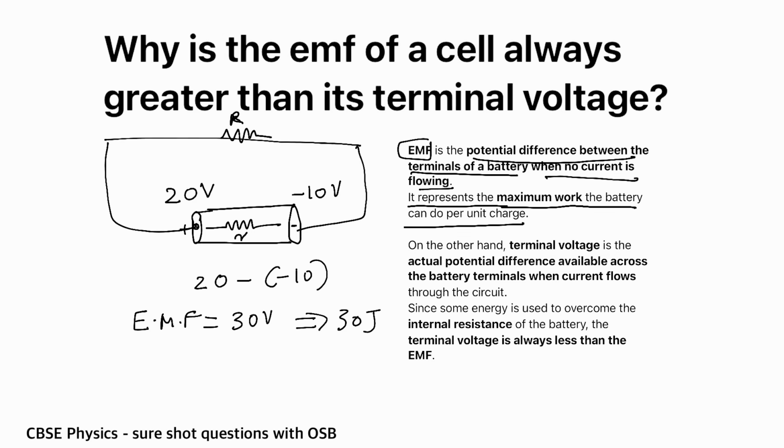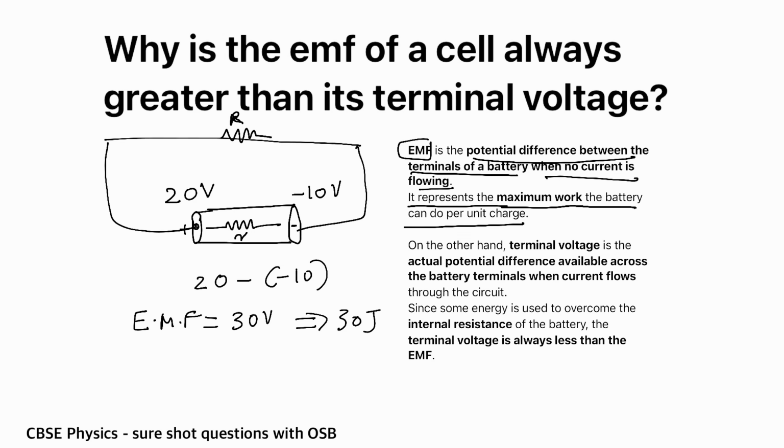One is to develop current in the external circuit or in the wire by overcoming the external resistance, plus to develop current in the internal circuit by overcoming the internal resistance. So definitely some work is required to overcome internal resistance, right?